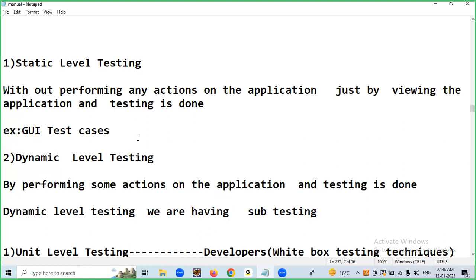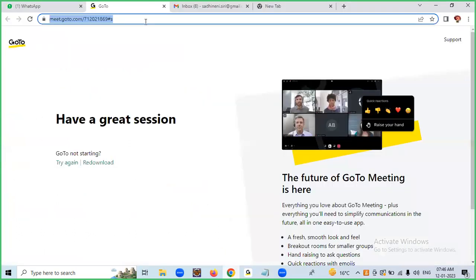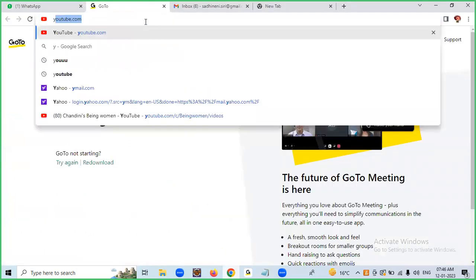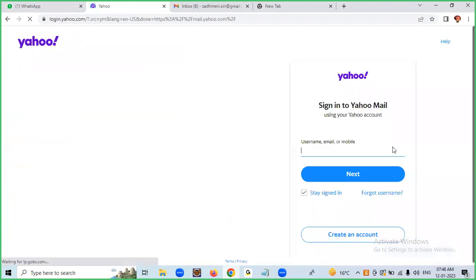For example, going through the various interfaces, just go to the application without performing any actions, just by viewing. How are we supposed to test? For example, this is an application.